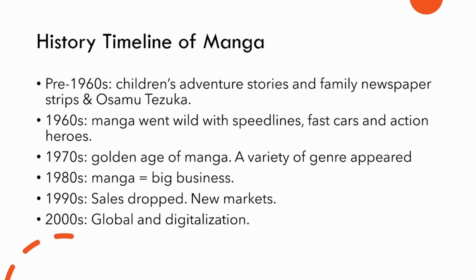In the 1980s, manga became big business, with publishers and editors relying on readers' polls to guide the direction of the story. At the same time, anime exerted a growing influence on manga character design. For example, eyes get bigger, hair gets wilder, bodies get slimmer, which is probably why we have the manga style. But we'll talk about that later.